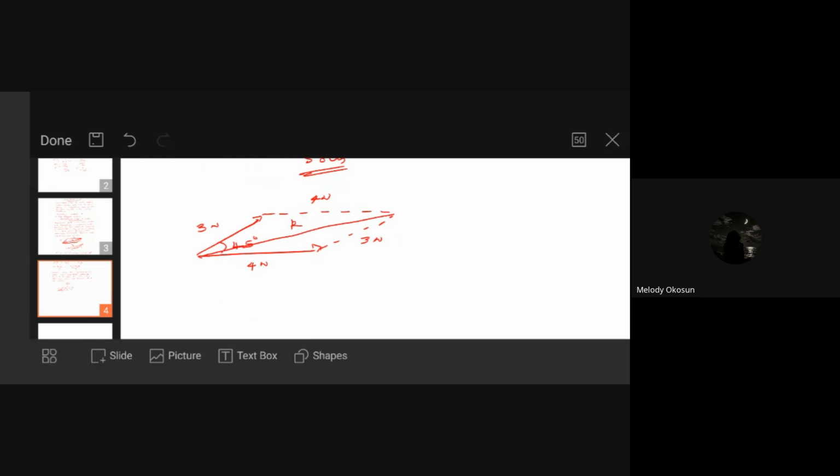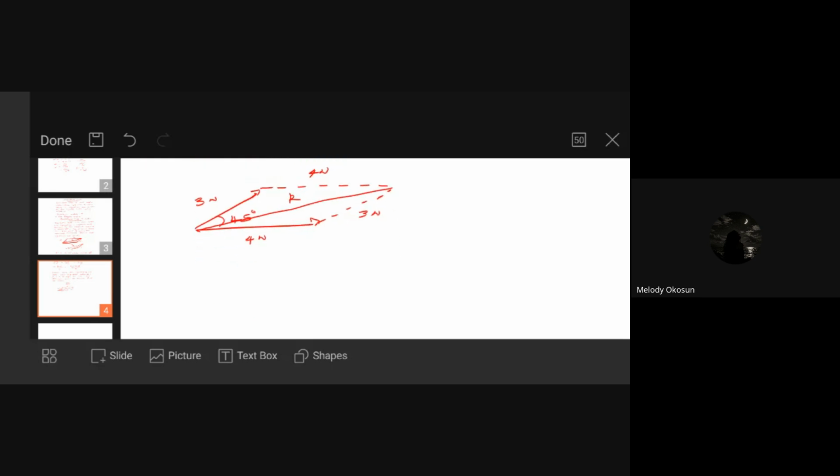So from here, I can make out the triangle. So the triangle will be such that I'll have something like this. So if I join it point to point, okay, let's manage that. So this is my resultant force R, and this place is 4 Newton. This place is 3 Newton.